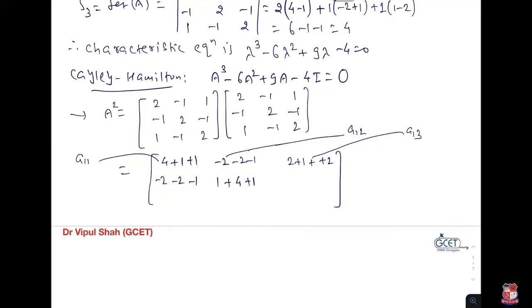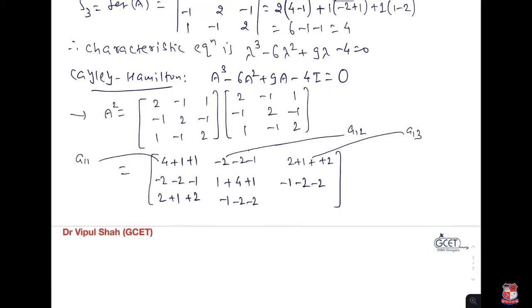Now second row, third column. So this is minus 1, then minus 2 and minus 2. Now third row, first column. So this is 2 plus 1 plus 2. Third row, second column. So this is minus 1, minus 2, minus 2.